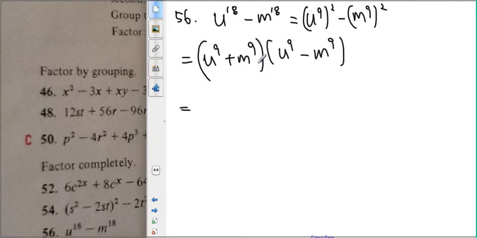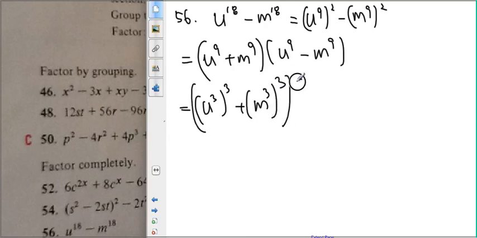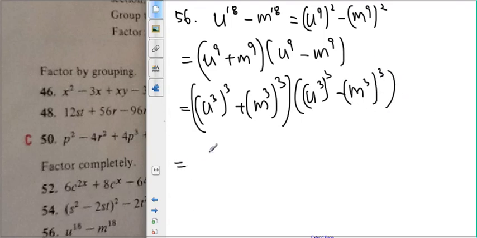This is also a sum of perfect cubes, meaning u to the 3rd cubed plus m to the 3rd cubed, and the other one is u to the 3rd cubed minus m to the 3rd cubed.